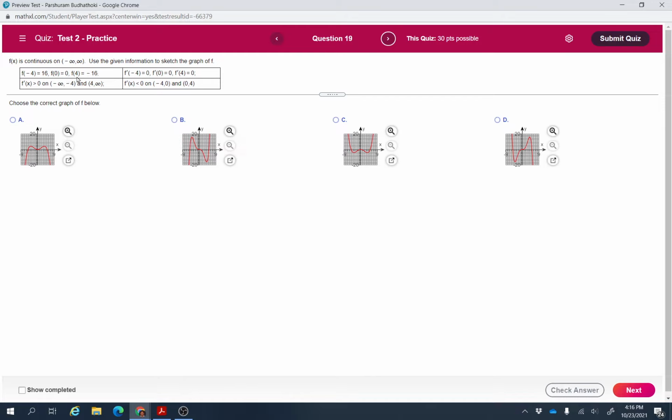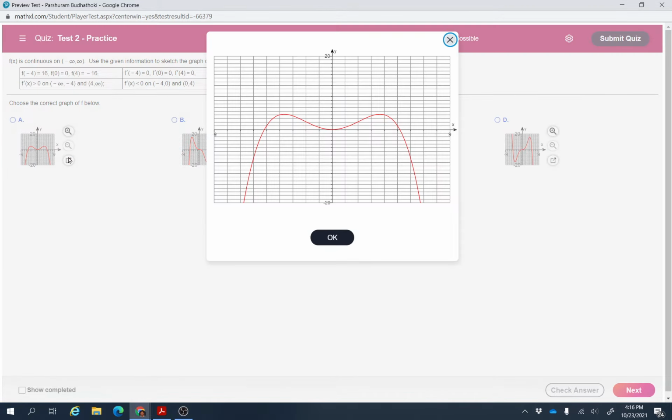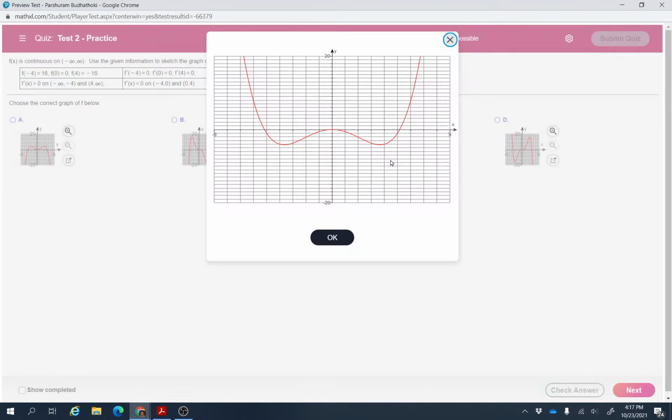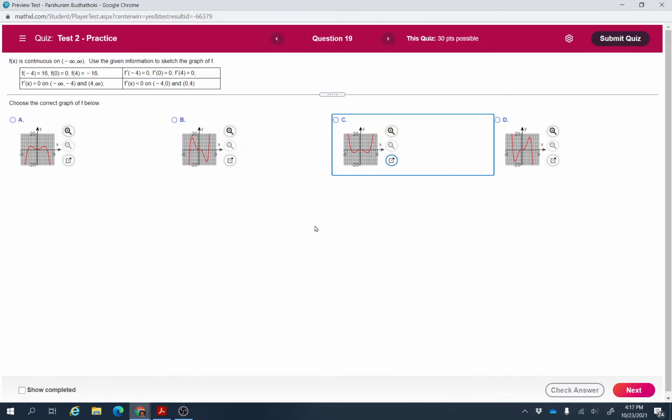For the first one, either at +4 or -4, both values are positive, so this is not the right choice. For choice C, the value of the function is negative for both sides. So A and C are definitely not the right choices.